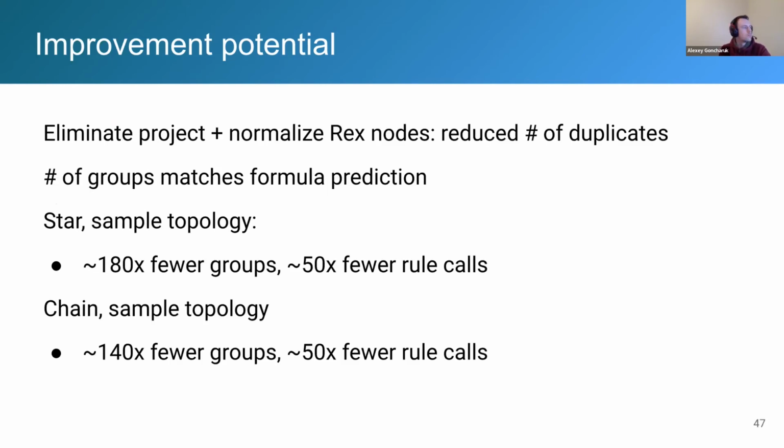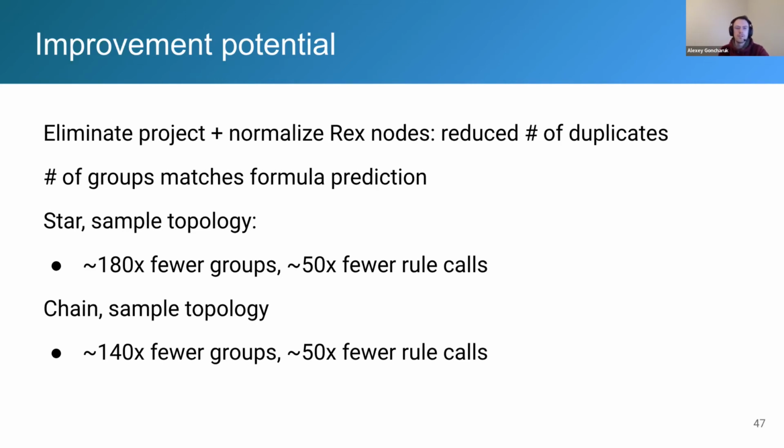But now let me share some numbers that we observed in practice. So if we only remove the projects that are produced on top of joins and also do condition normalization, then the number of groups and the number of rule calls is reduced dramatically. So it's almost 200 fewer groups in the memo that are produced for some sample topologies, and also the number of rule calls reduced.